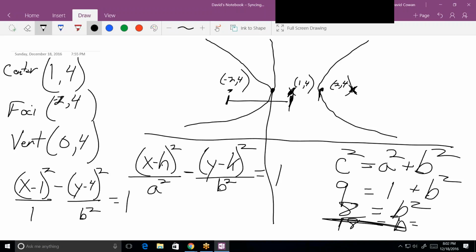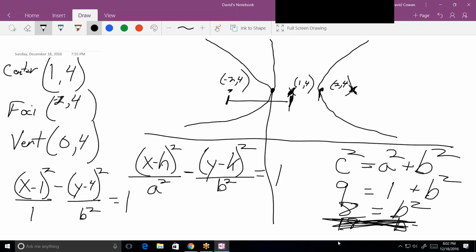Actually, the only thing I really need is b squared. I didn't actually need to solve for b, and that's a good thing, because when I solve for b, I get plus or minus root 8.